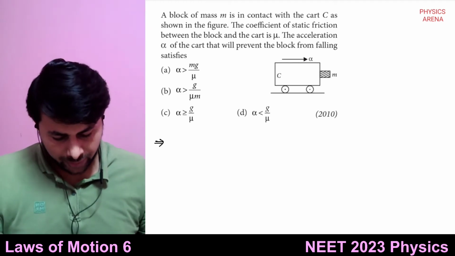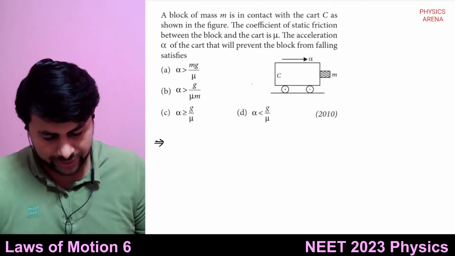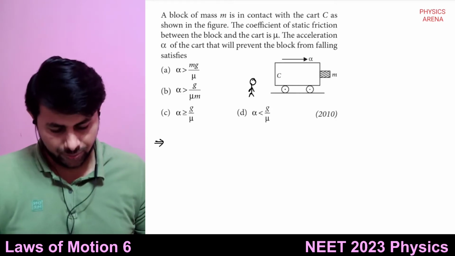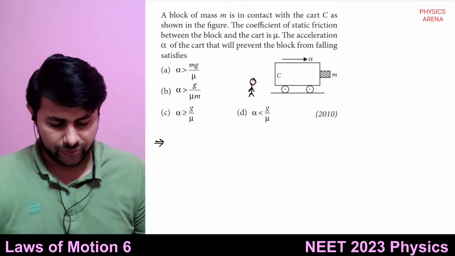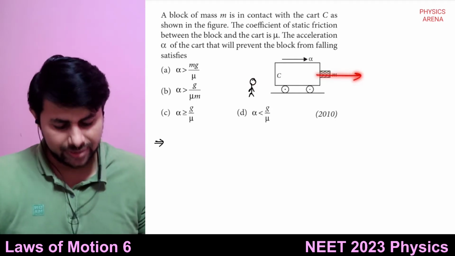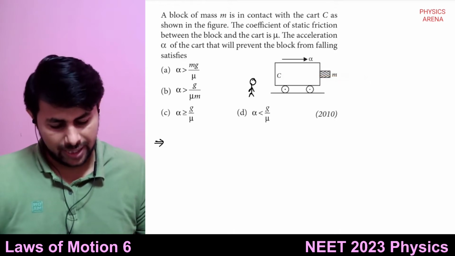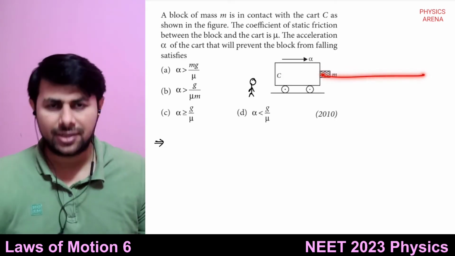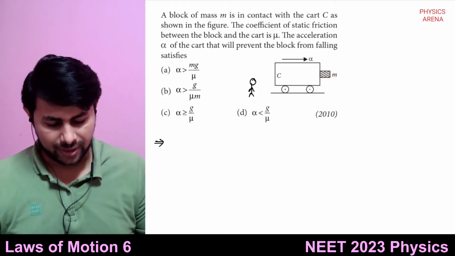Let's suppose the observer is here, looking towards the system. For this observer, what is the force acting on this mass? It's the normal reaction, right? And because of this normal reaction, what happens? This mass also gets accelerated with the same acceleration as that of the cart.